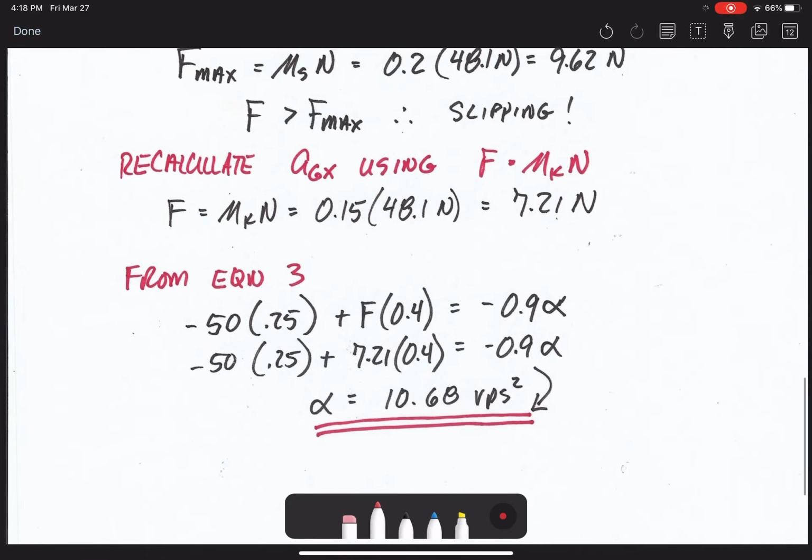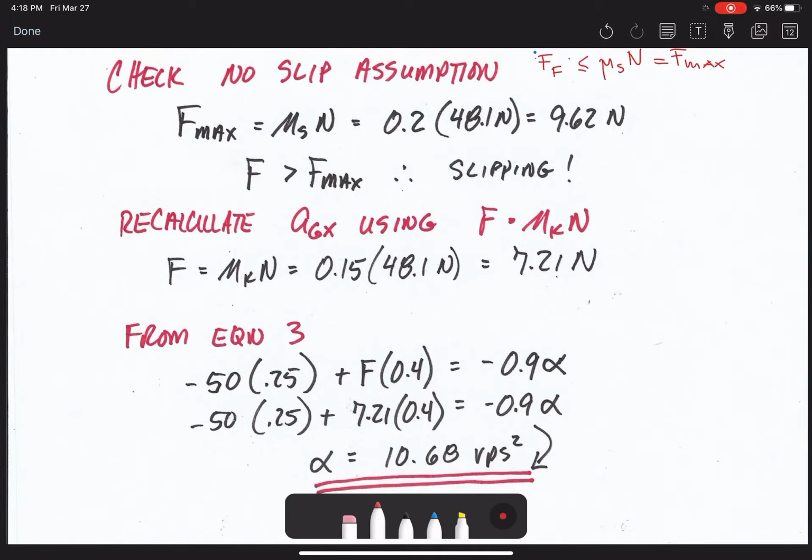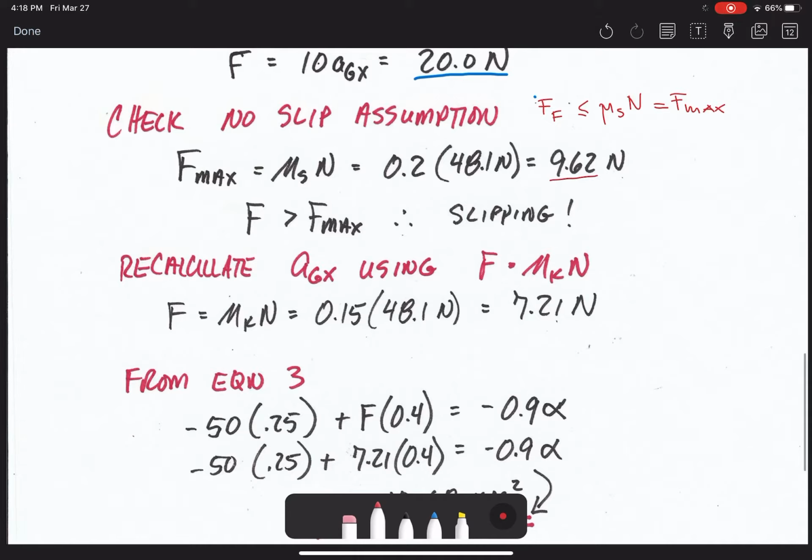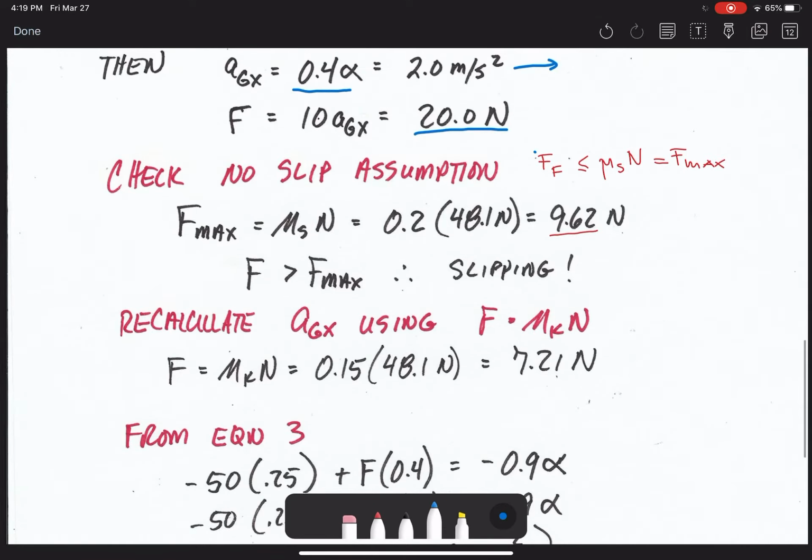So from that you will have the friction force maximum 9.62 Newton. And what we found is 20 Newton. So it means that the friction is greater than the maximum. So this assumption is not good, right?